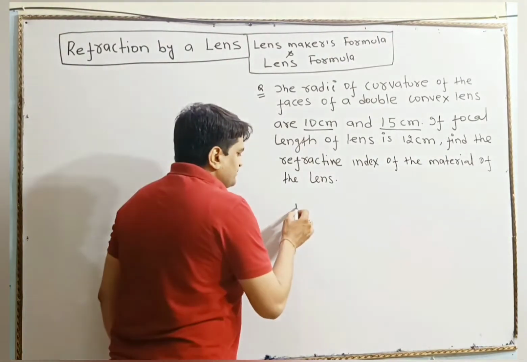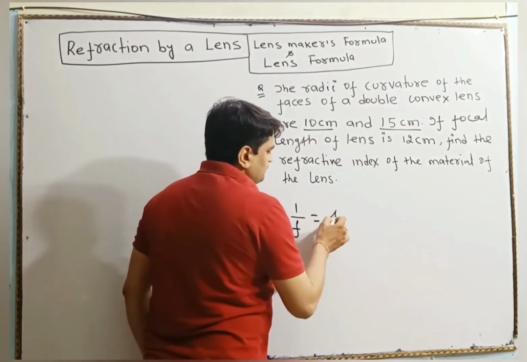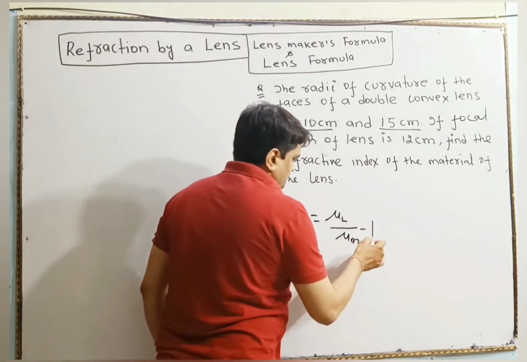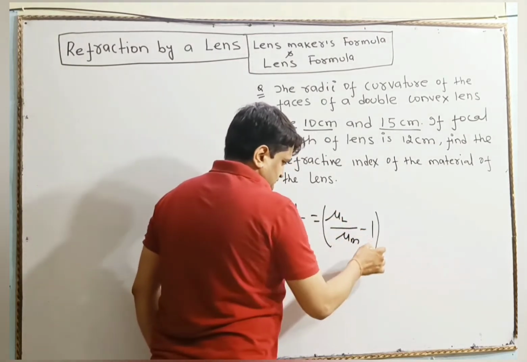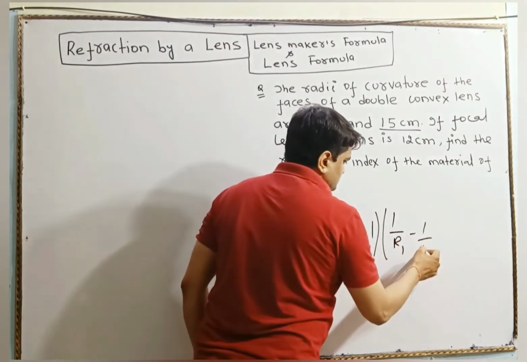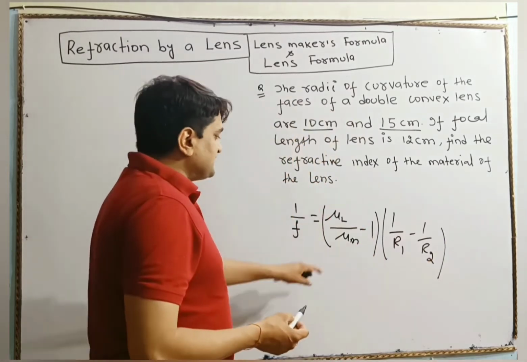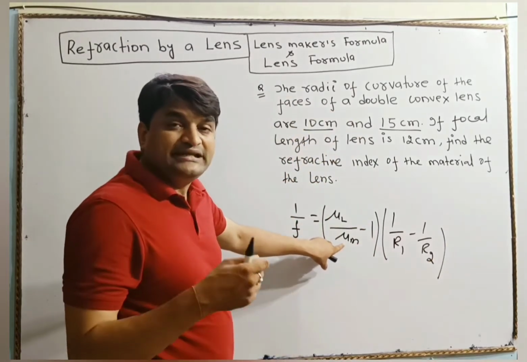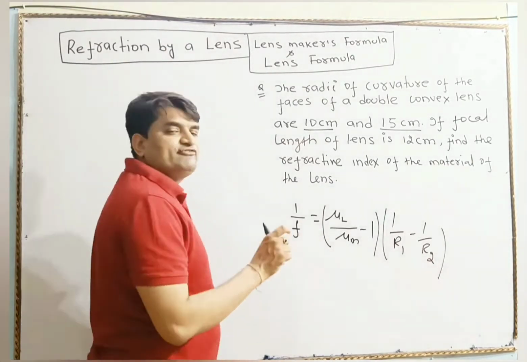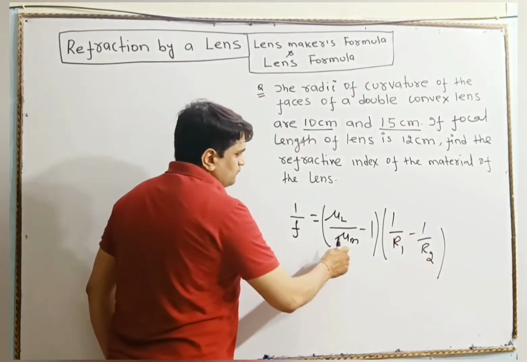We have the formula 1 upon f equal to (mu_L upon mu_M minus 1) times (1 upon R1 minus 1 upon R2). The refractive index of the medium is not mentioned, so by default we will take it as air and mu_M will be 1.